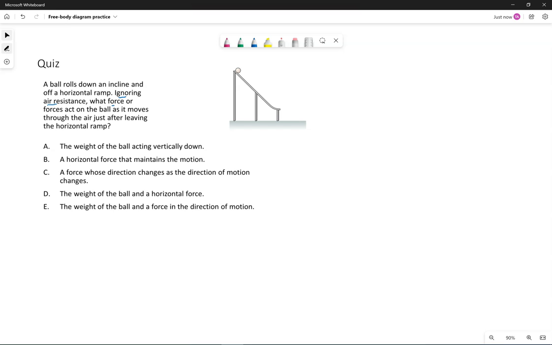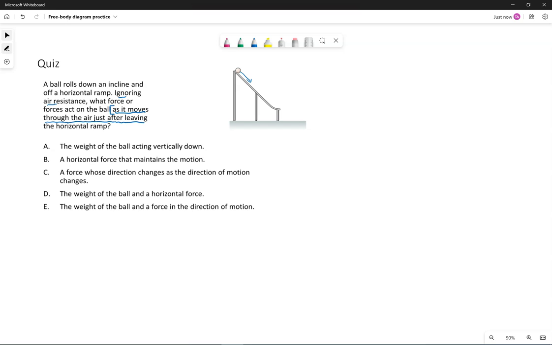An important part here is this statement: as it moves through the air just after leaving the horizontal ramp. So our free body diagram, we need to know where in its motion the object is in order to correctly account for all the forces.